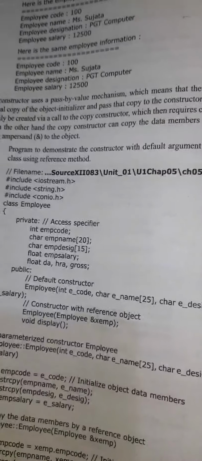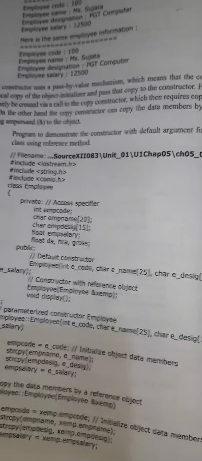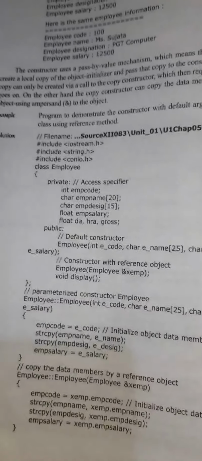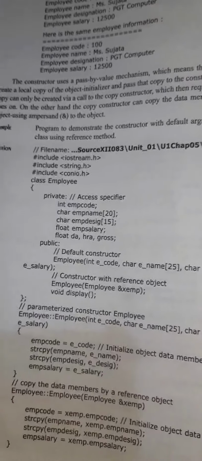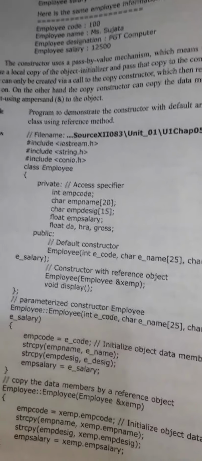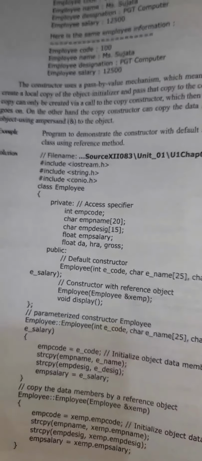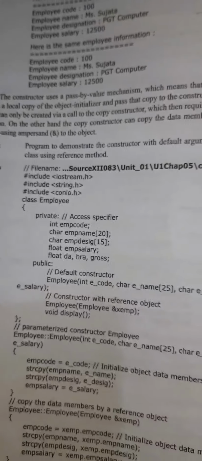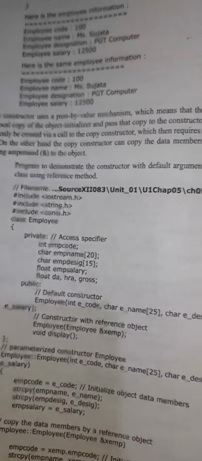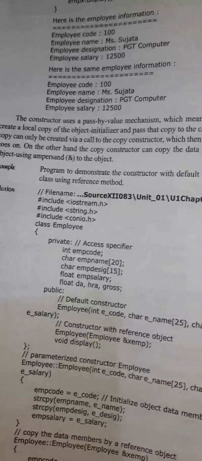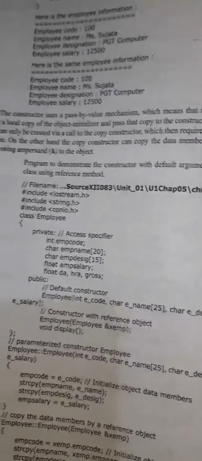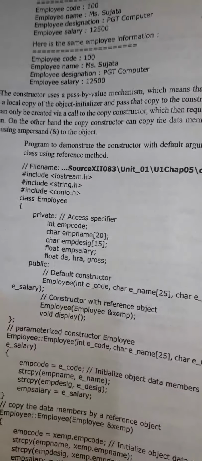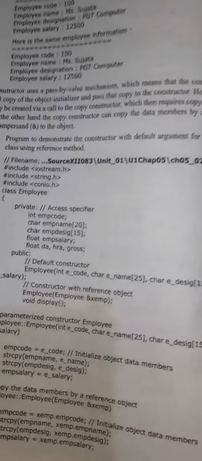Under default constructor we saw that the default constructor declares no parameter, it passes no argument. But the parameterized constructor declares parameters, it passes arguments, right? And under the copy constructor we saw that an object can be initialized with another object from the same class.